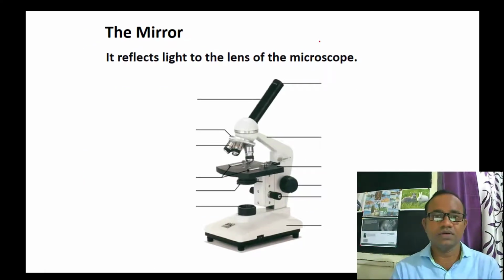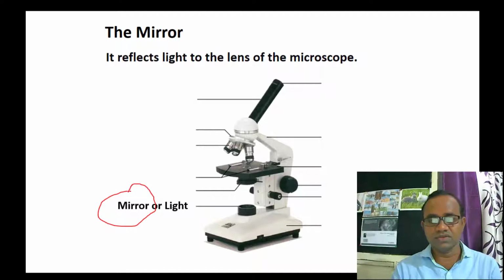The source of light is generally this. Sometimes we use the mirror. In case there is no electric current, we can use sunlight. We can use the mirror to reflect the sunlight and direct that light into the microscope. Or sometimes we can use the electric lamp, which is placed here.